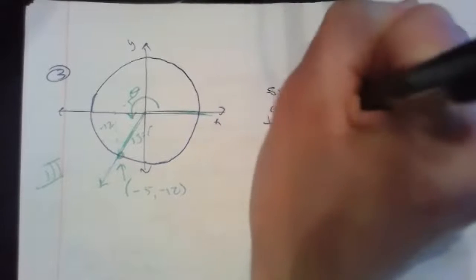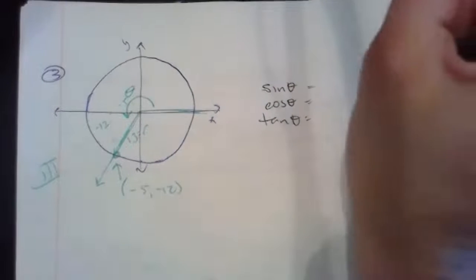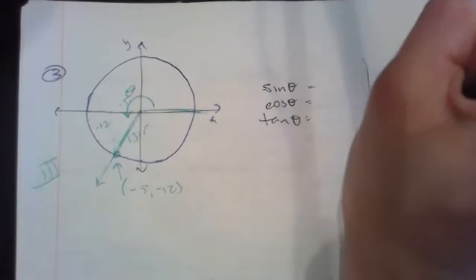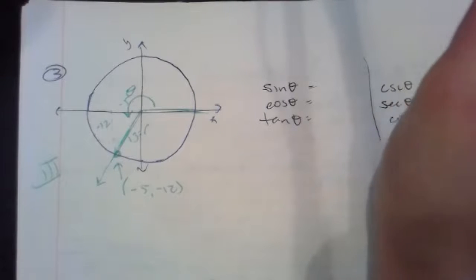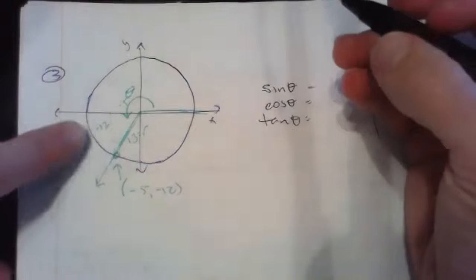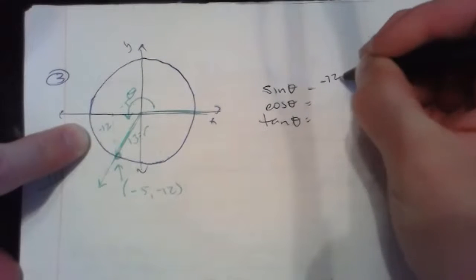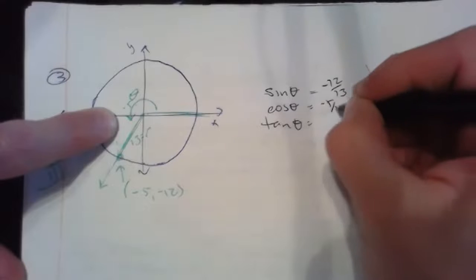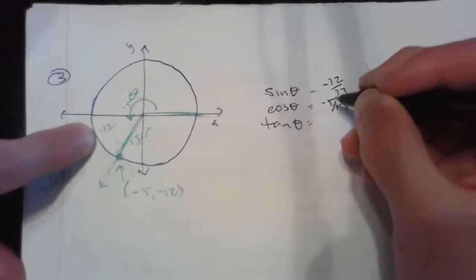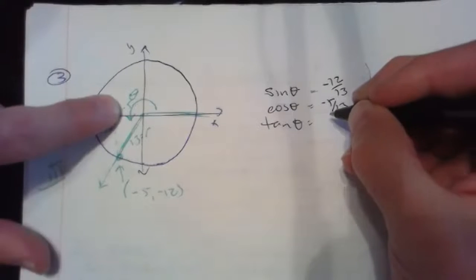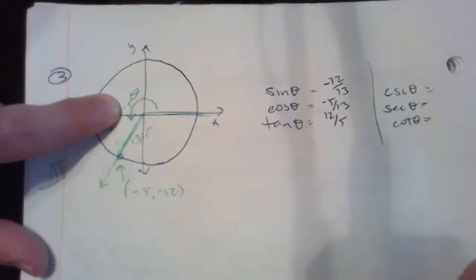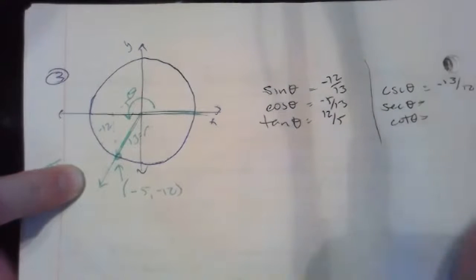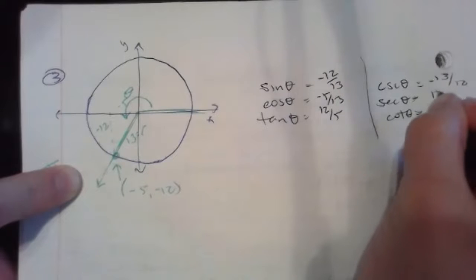It tells us to evaluate the 6 trig functions. We always make the same chart so that we stay organized. Okay, so sine is y over r. Cosine is x over r. Tangent is y over x, but a negative divided by a negative is a positive. Let's take the reciprocal, remembering that our negatives go on top or in front.